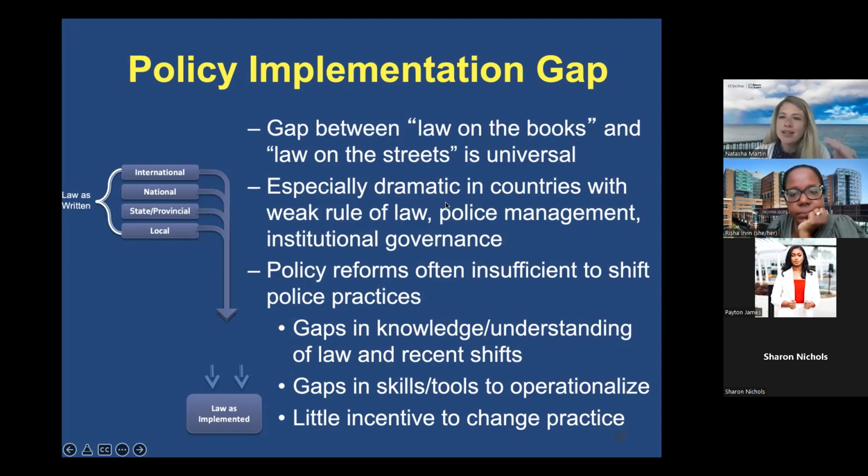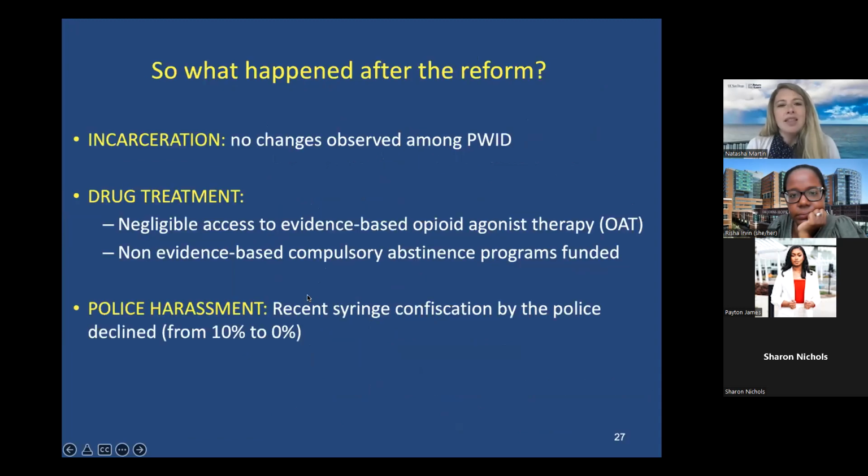In many settings, policy reforms are often insufficient to actually change policing practices on the ground. That can be due to gaps in knowledge or understanding about the laws, or gaps in giving law enforcement officers the skills and tools to operationalize those laws. And frankly, there's often little incentive to change practice based on the status quo. And this is what we saw.